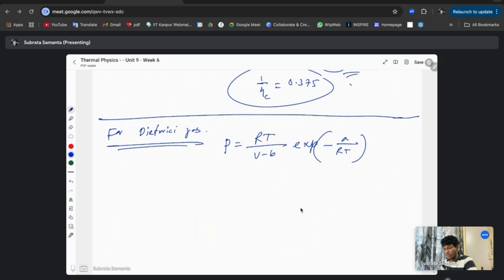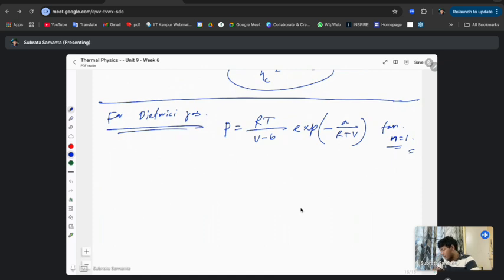Again for n equals 1, so 1 mole, you're going to calculate TC, PC, VC. For this case, VC is 2B and TC is A over 4RB, and PC is A over 4 square B square.